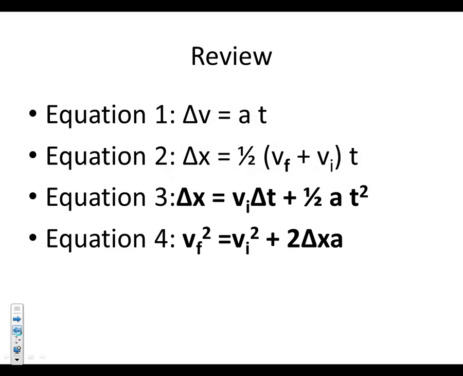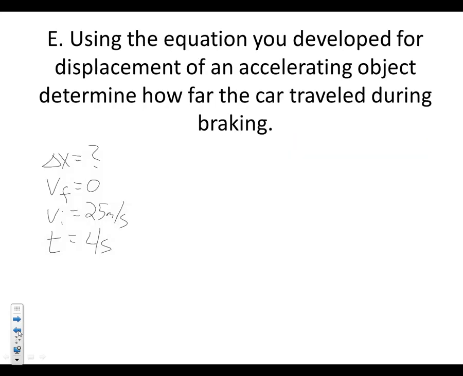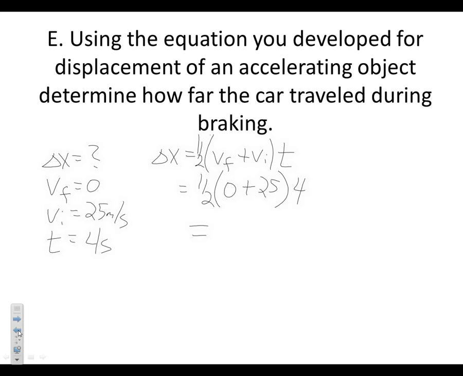Delta x is equal to 1/2 times v final plus v initial, times t. That's 1/2 times 0 plus 25 times 4, and that gets us the same value as before, 50 meters.